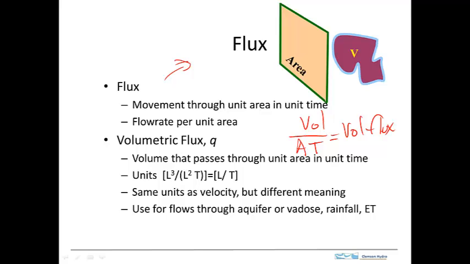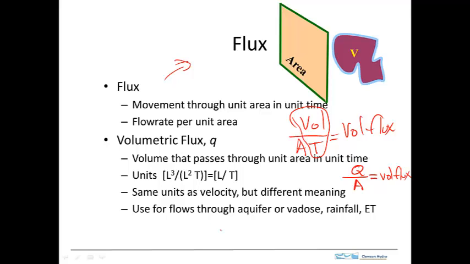It's related to the volumetric flow rate, where we have the volumetric flow rate divided by the area. Well, I guess we can see this right there. That's a volumetric flow rate. So the volumetric flow rate divided by the cross-sectional area through which the flow is going, that's also a volume flux.